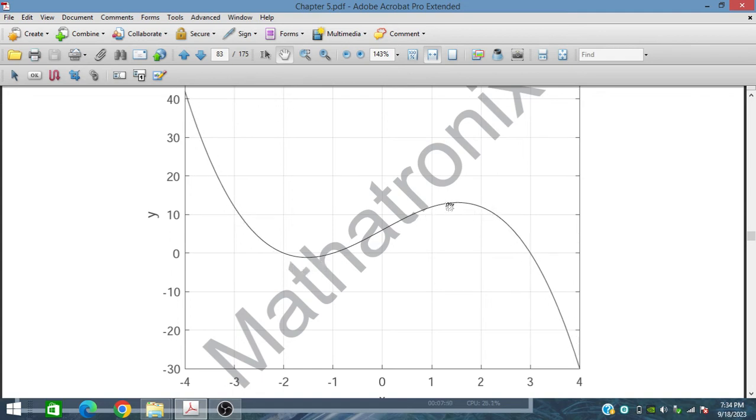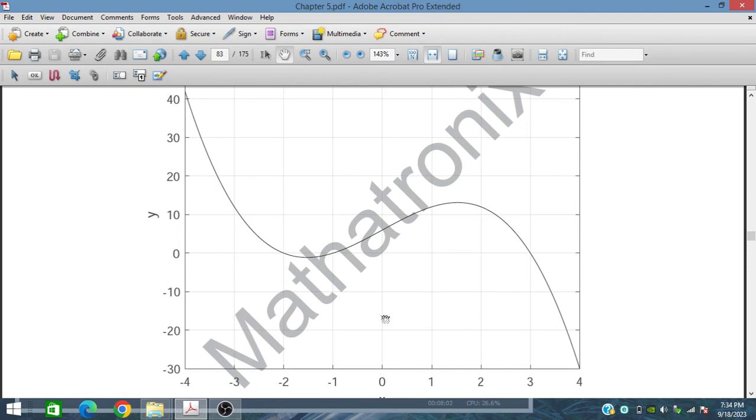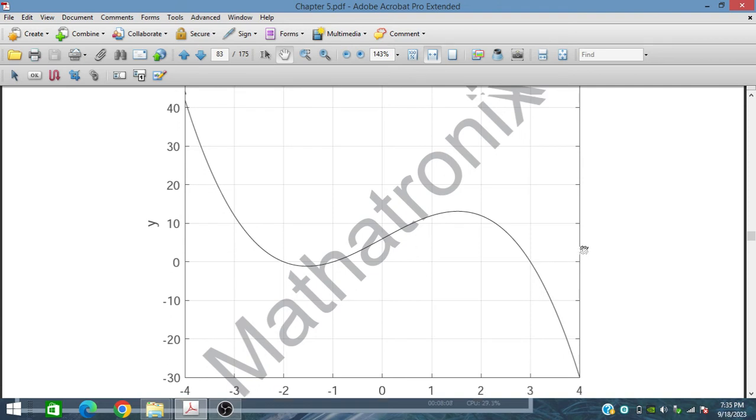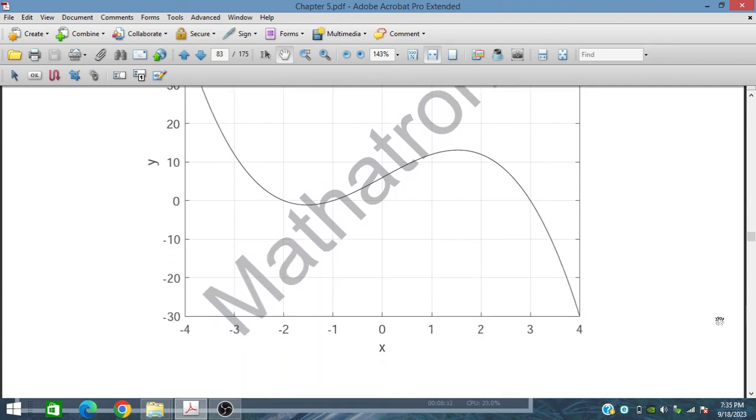When x is equal to 0, this becomes 3 times 1 times 2, so 6. So the point where x is equal to 0 is 0 comma 6. So this is question 2b.